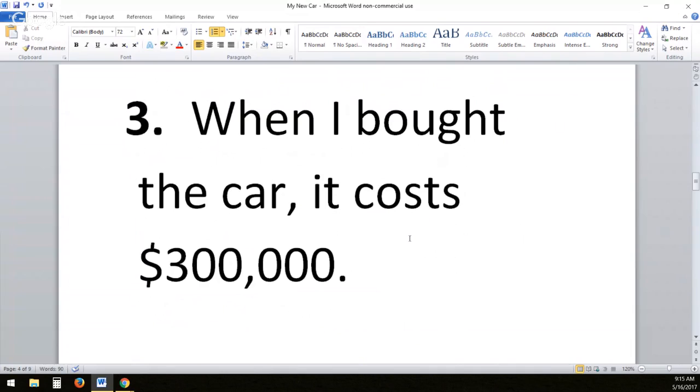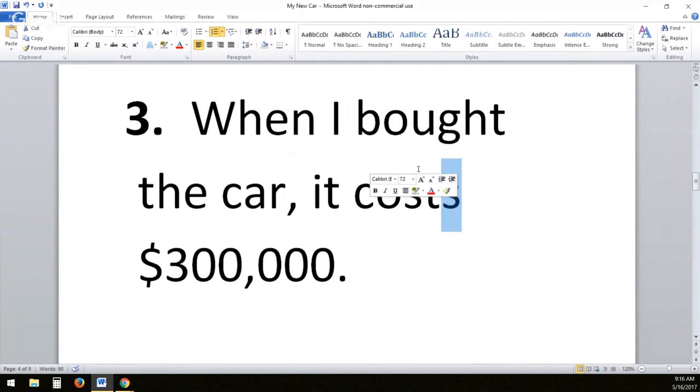What do you think we can do to change this sentence? There's one word that we can change. Oh, I think a lot of you have got it. Who can write the full sentence? Try to write the full sentence so that we can have a correct, clear sentence. Carol is the winner. Ding, ding, ding. Carol says, when I bought the car, it cost.